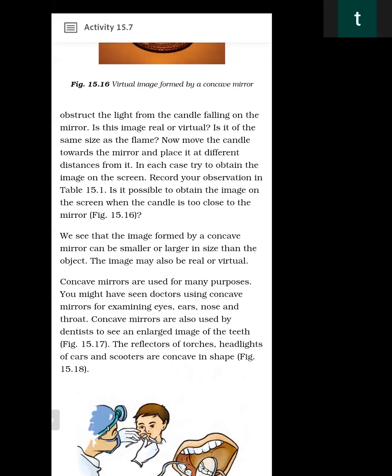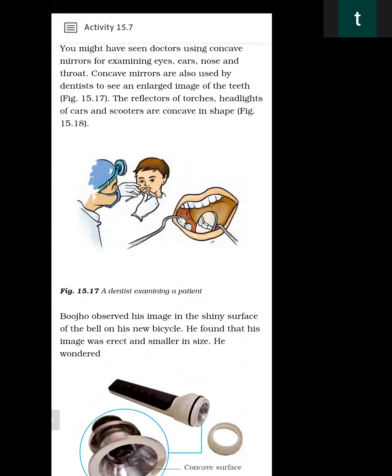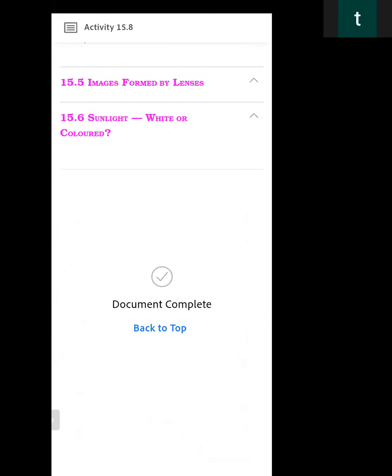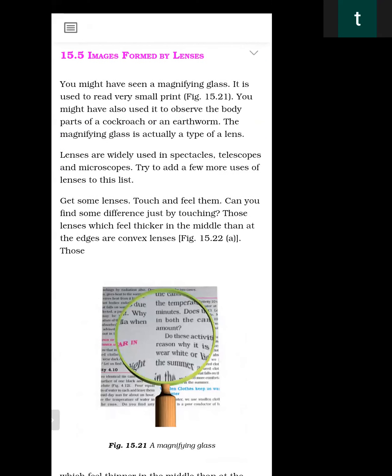So students, today's topic is spherical lenses and the image formed by spherical lenses. So let's start. You might have seen a magnifying glass. A magnifying glass is a transparent surface which helps us to see an enlarged image, large in size.